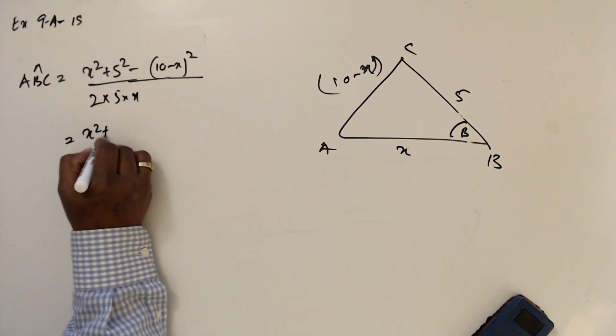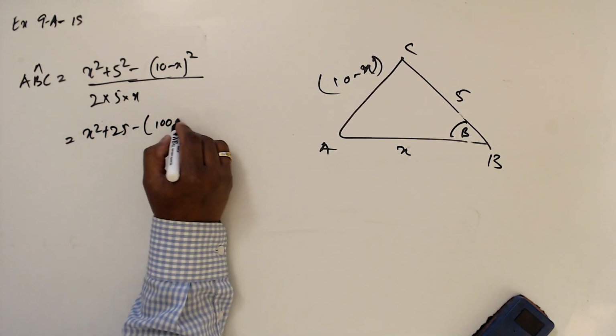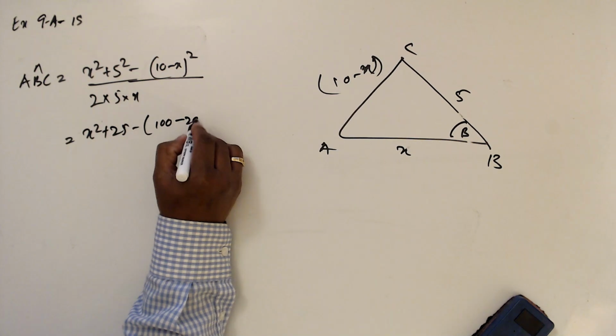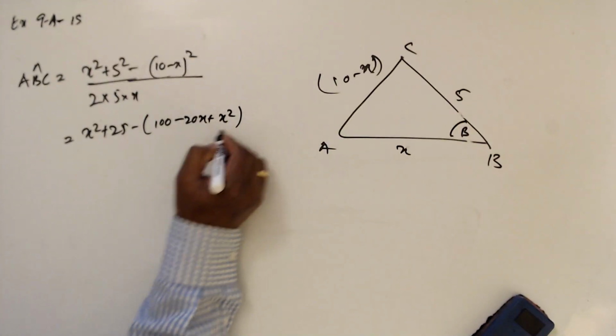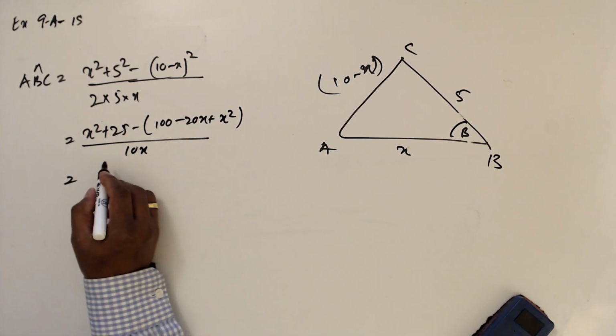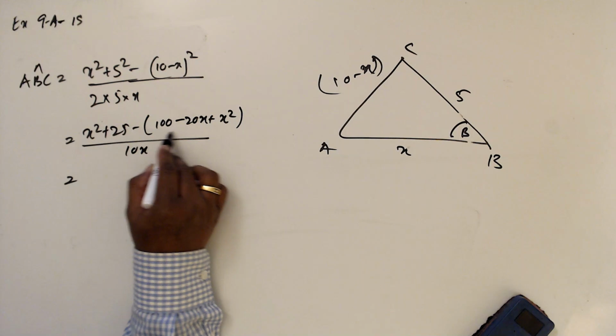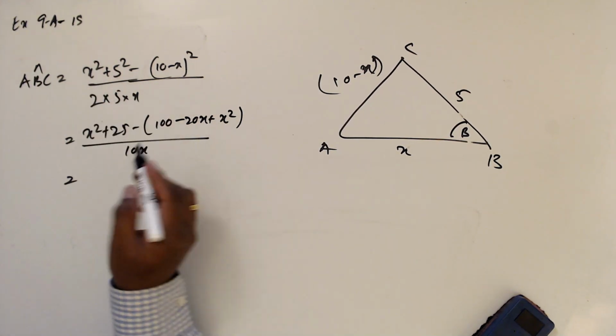So x square plus 25 minus 100 minus 20x plus x square equals 10x. I keep it within the bracket because this is minus.